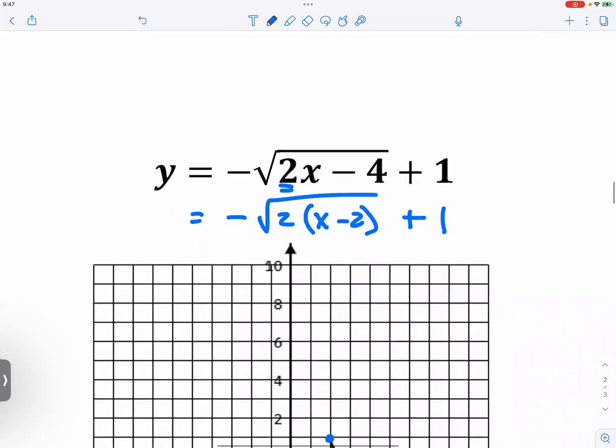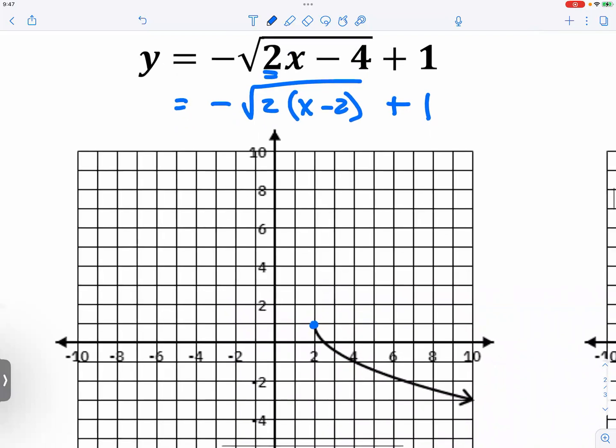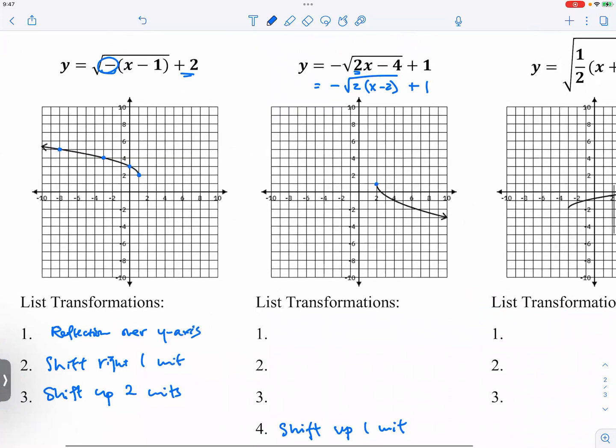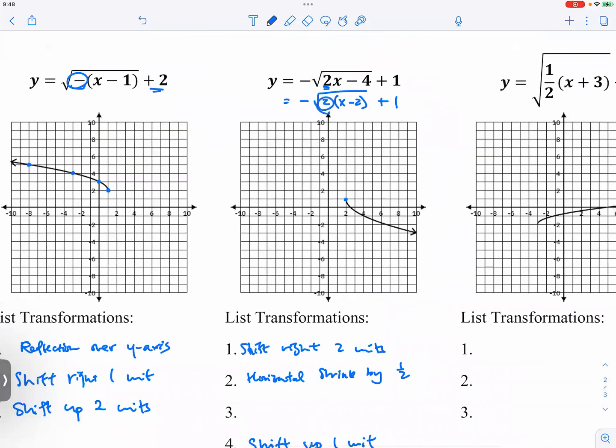And after you factor it out, you see the minus 2, and that's how we know it moves to the right for 2 units. So it shifts right 2 units. And then we have a horizontal shrink by 1/2 because the b value is 2, so it's 1/2, 1 over b.